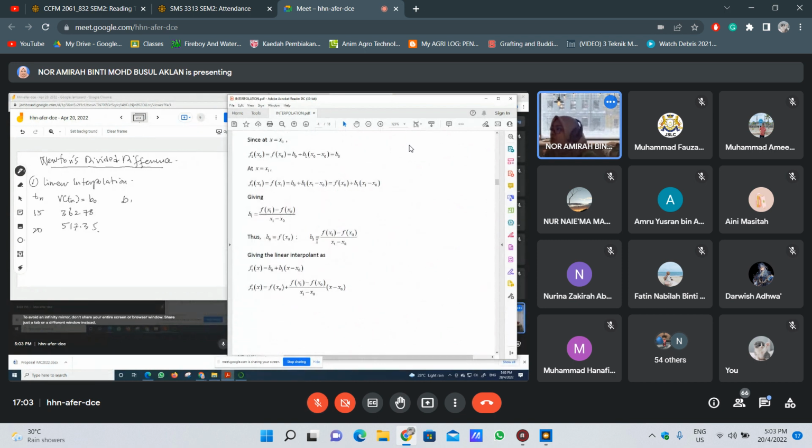So B1 is f(x1) minus f(x0) over x1 minus x0. So B1 is equal to f(x1), the one below here, 517.35 minus f(x0), this one, 362.78, over x1 minus x0. This is t1 minus t0, 20 minus 15. How much, class?